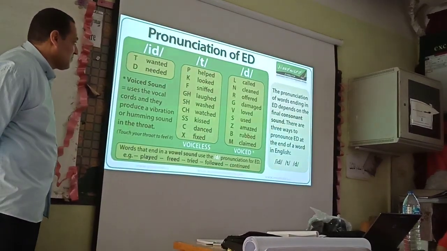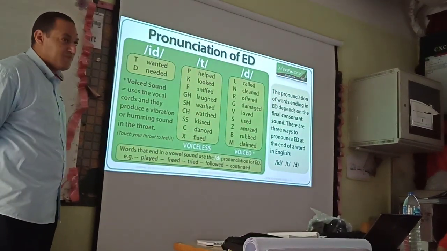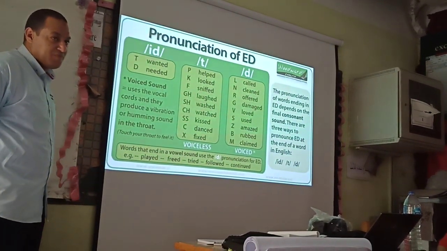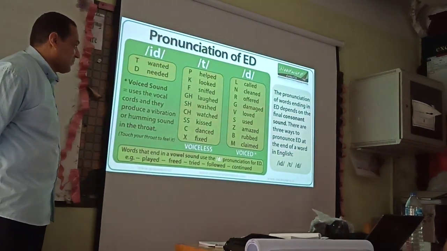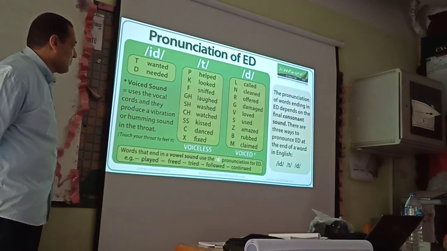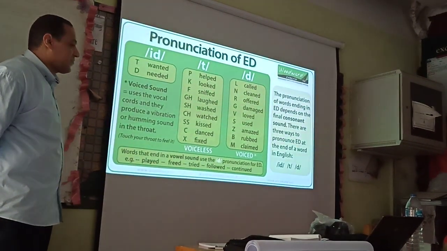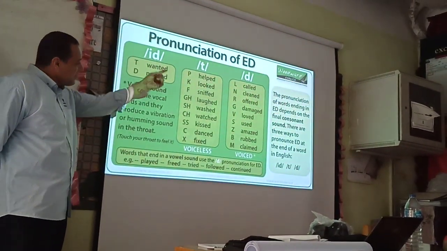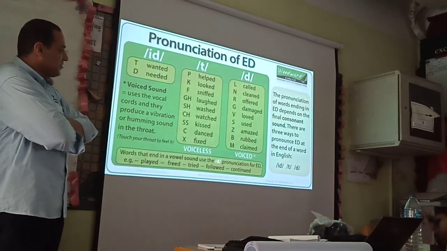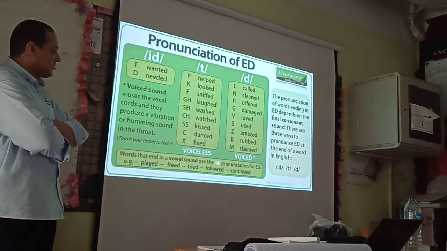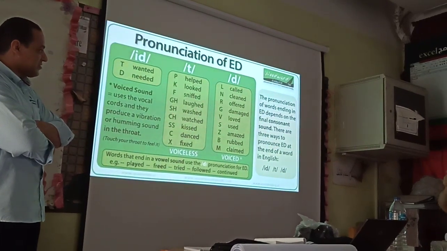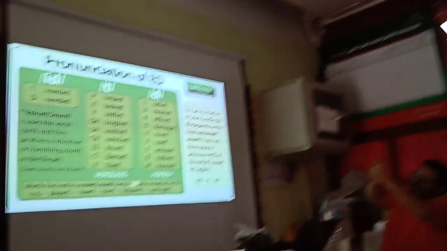The id, ed, adds an extra syllable to the word. Want, 1 syllable. Wanted, 2 syllables. Need, 1 syllable. Needed, 2 syllables. So if the word ends in D or T, then you add the id sound to the end.